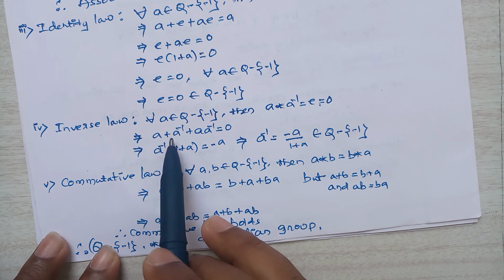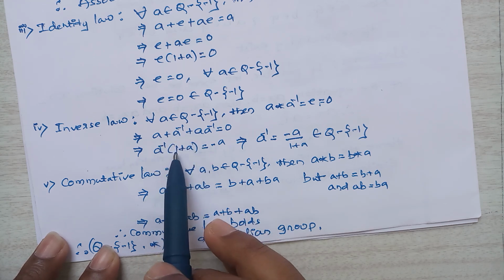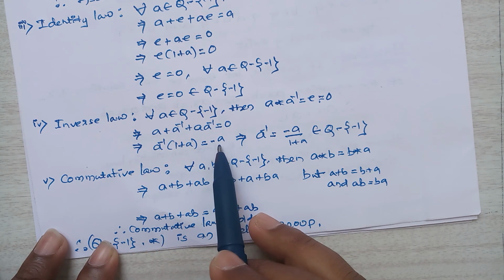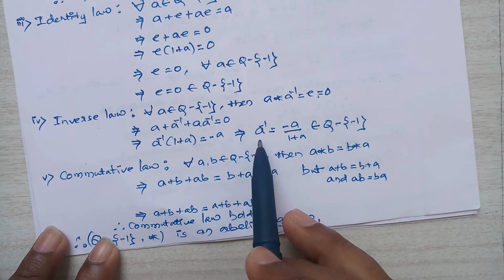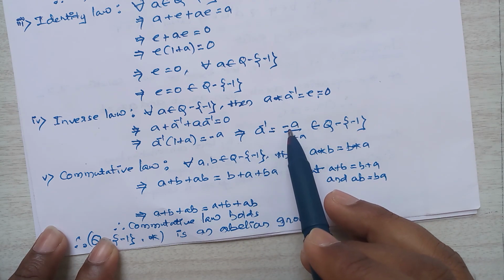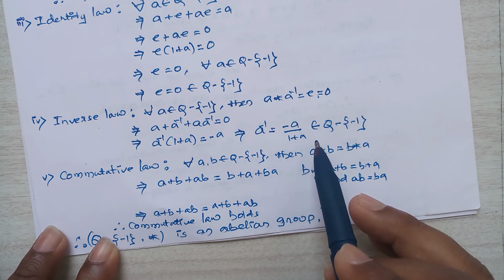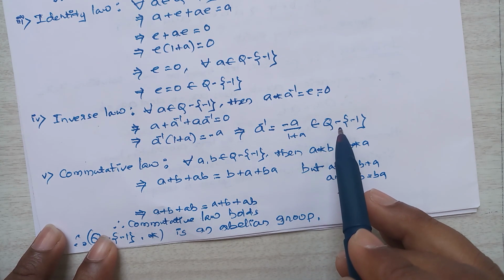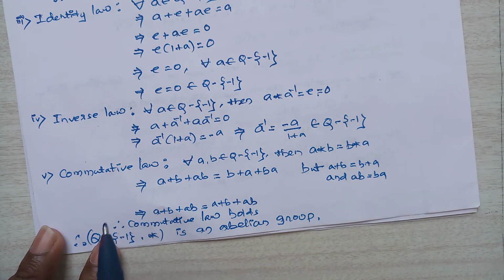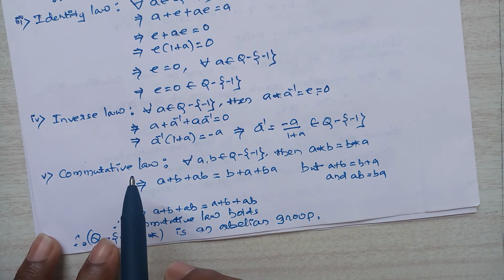If we take a inverse as common, it becomes a inverse into (1 plus a) on the left hand side, and on the right it becomes minus a. So a inverse is equal to minus a divided by 1 plus a. This belongs to Q minus of 1. Therefore inverse exists.